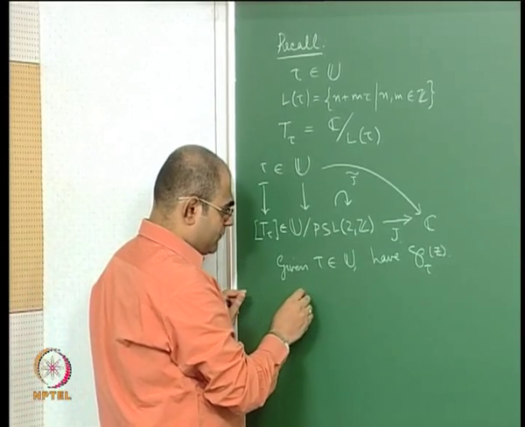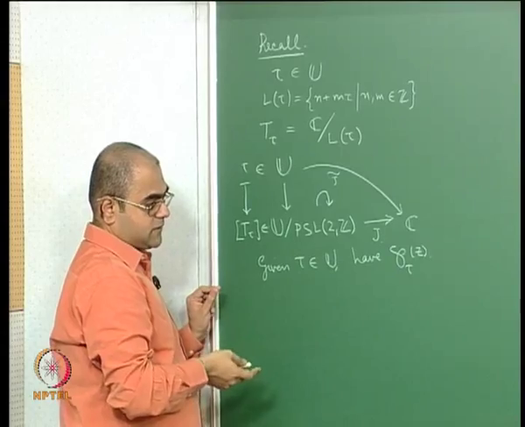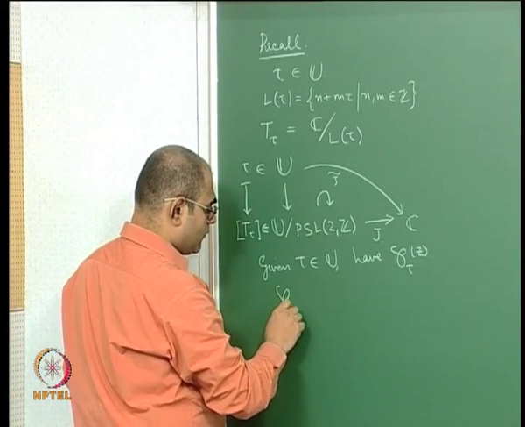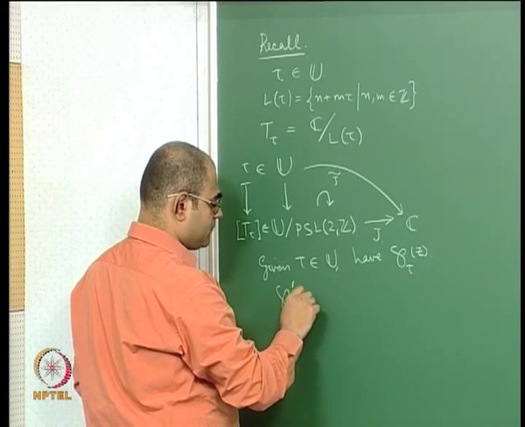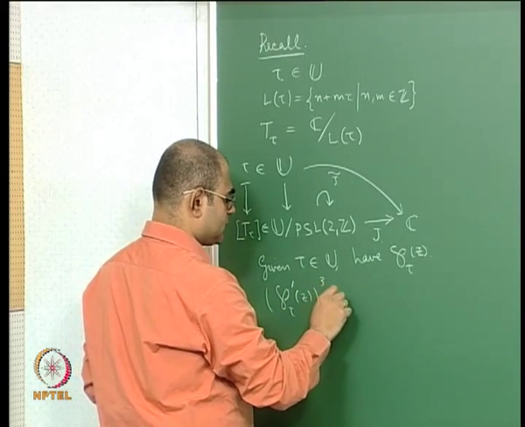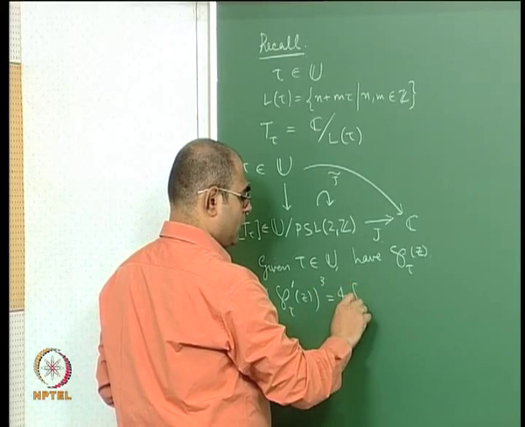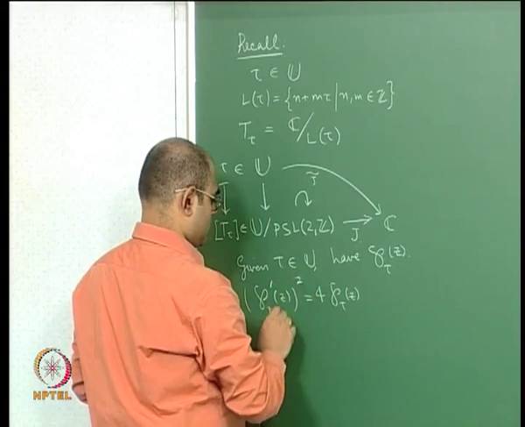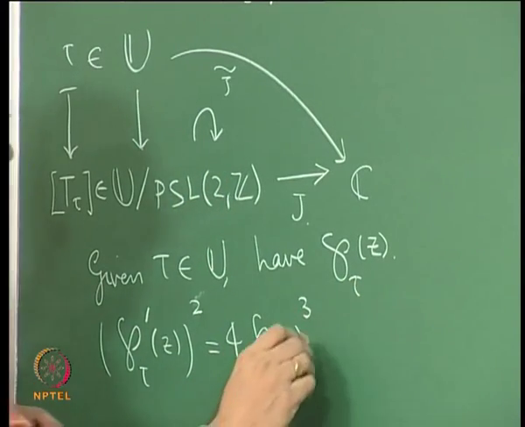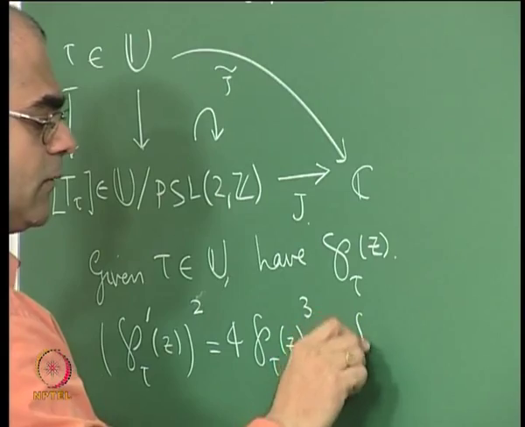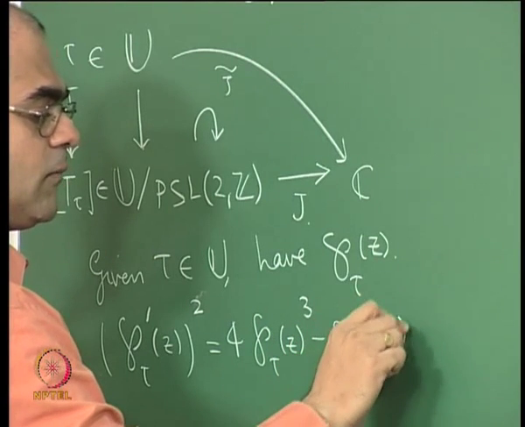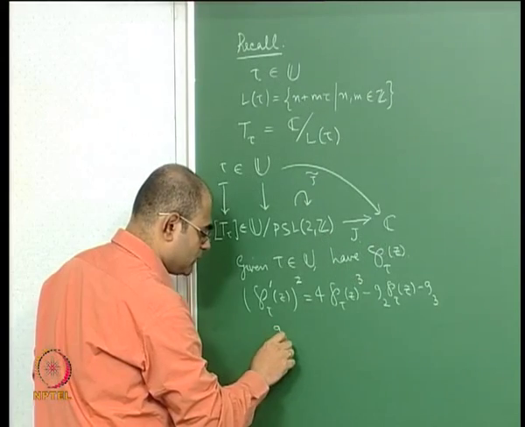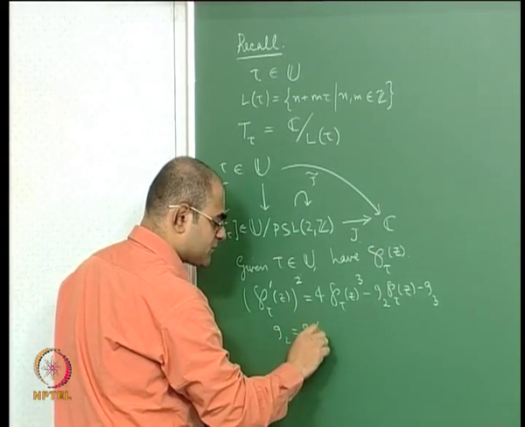And then we found that this phi function satisfies a differential equation: phi tau prime of z, the whole squared, is 4 times p tau of z cubed, minus g2 p tau of z minus g3, where g2 and g3 are functions of tau.